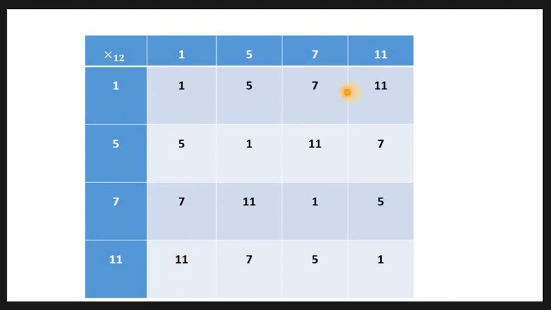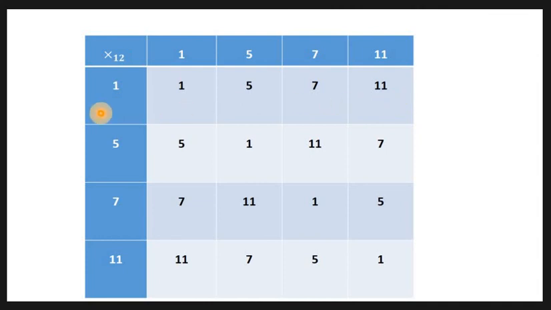So these two are identical, and the leading elements of the rows and columns are also the same. Therefore when you multiply with 1, the product remains the same: 1 into 1 is 1, 1 into 5 is 5, 1 into 7 is 7, 1 into 11 is 11.